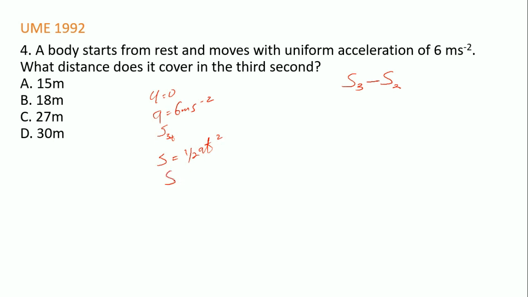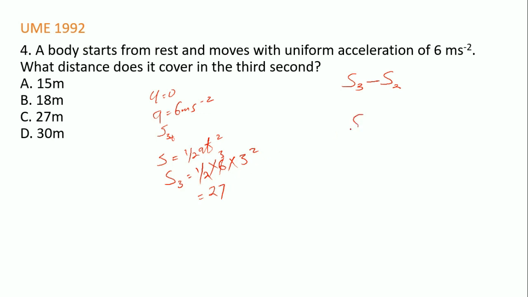So the distance covered in 3 seconds is going to be 1/2 times A, which is 6, times T square, that will be 3 square, which will be 3 times 9, and we'll be having 27.